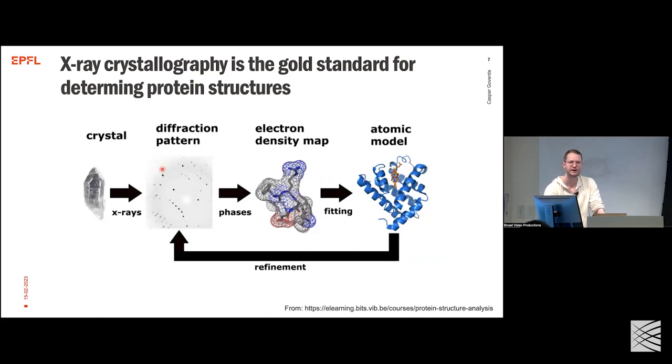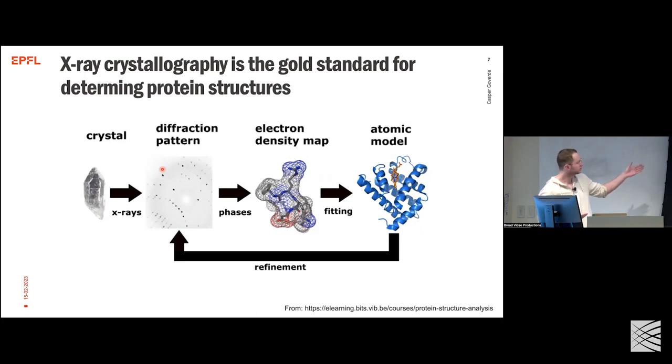I don't know how many of you are protein engineers and familiar with proteins. But the way we determine what a protein looks like, the gold standard method, is X-ray crystallography. So if you express proteins in a high concentration, you can put them under certain conditions, and then they might form crystals.